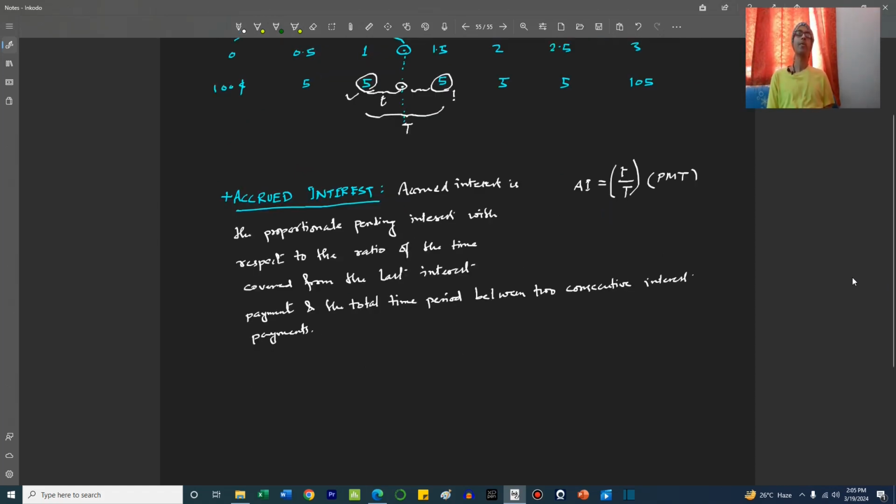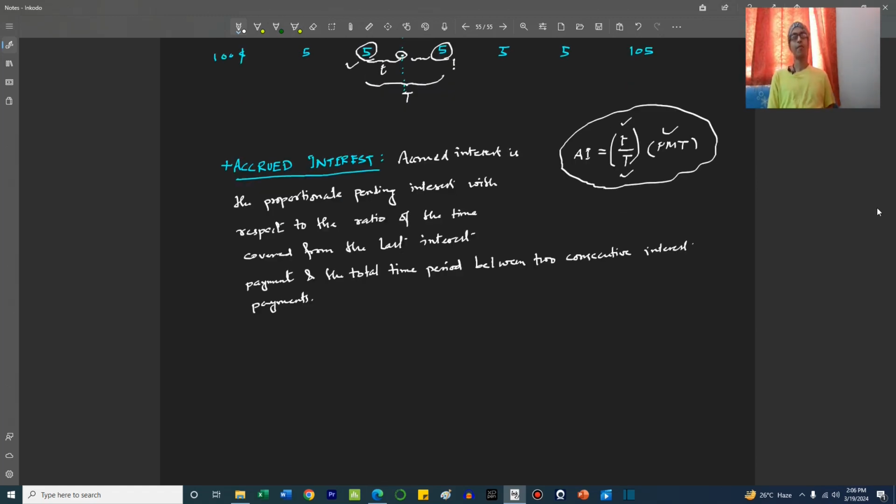So here we have calculated the accrued interest by taking into account the periodic payment of coupon, the time small t, which is the time from the last interest payment, and the time caps T, which is the total time period between two consecutive interest payments. So this is how we calculate the accrued interest.